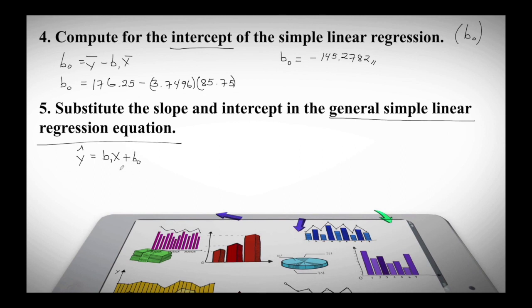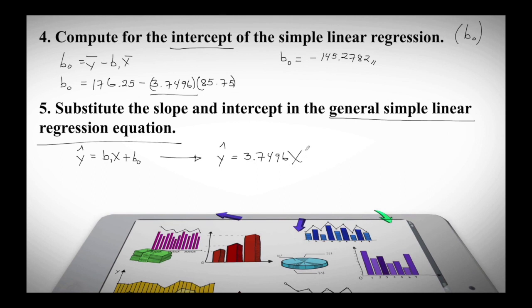So, since we already have the values for this, our general simple linear regression equation will be y hat equals the value of b sub 1, which is 3.7496. Then, x will still be x.